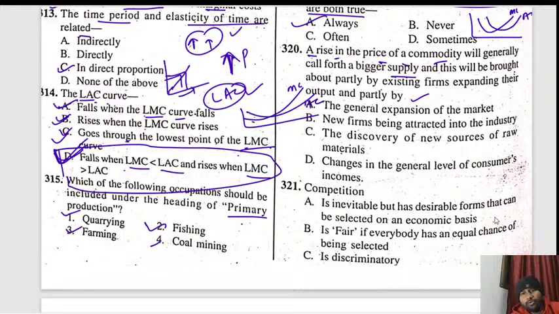The discovery of new sources of raw material, change in the general level of consumers' income, no, no. So here when the price increases, obviously the supply will expand, and therefore new firms will be attracted to the industry, because they'll think that the final price will be enough to make a profit. So I think the answer will be B, 320. It is B only. Moving ahead to the next question.